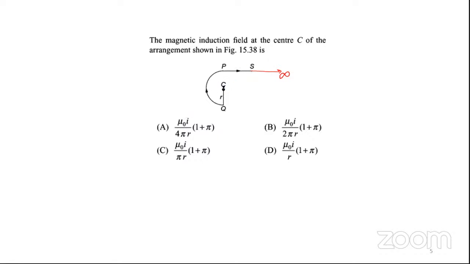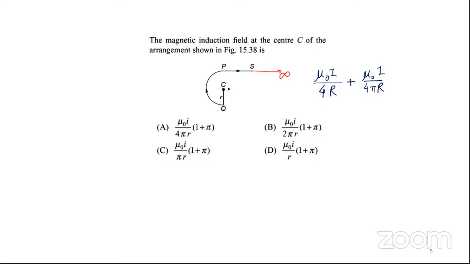Alright, the magnetic field at the center is going to be because of this semicircular loop as well as this infinitely long wire. Because of this semicircular loop, the field will be mu naught I by 4r, and by this infinite length wire it will be mu naught I upon 4 pi r, because this is at its end.